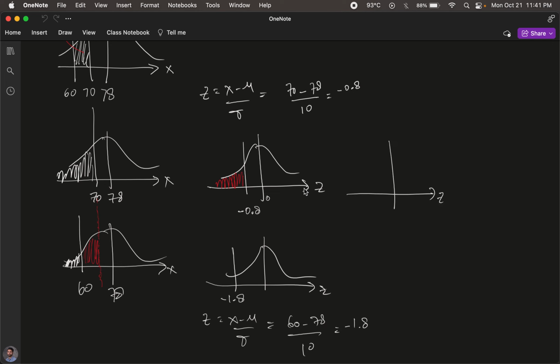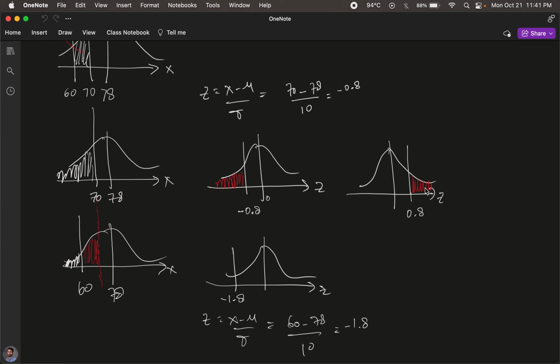I don't have the negative z values on the z-table. So I want to make sure I have a positive z value, and it's okay to flip them. That's fine. The tail area that I have here is the same tail area that I have here. It's just that you flipped the negative 0.8 to the side, and you arrive at the same area.